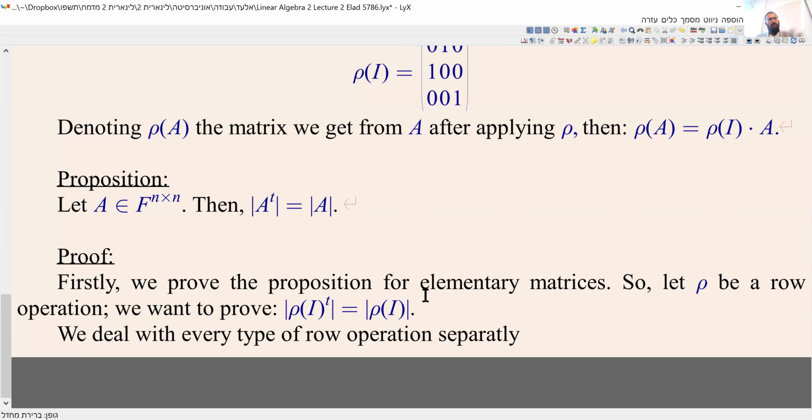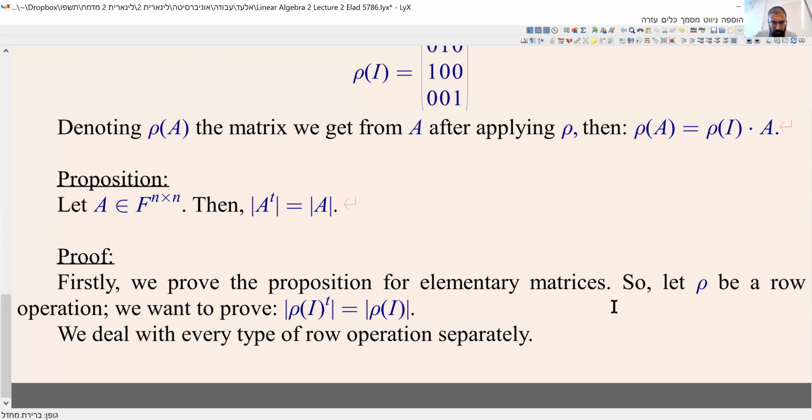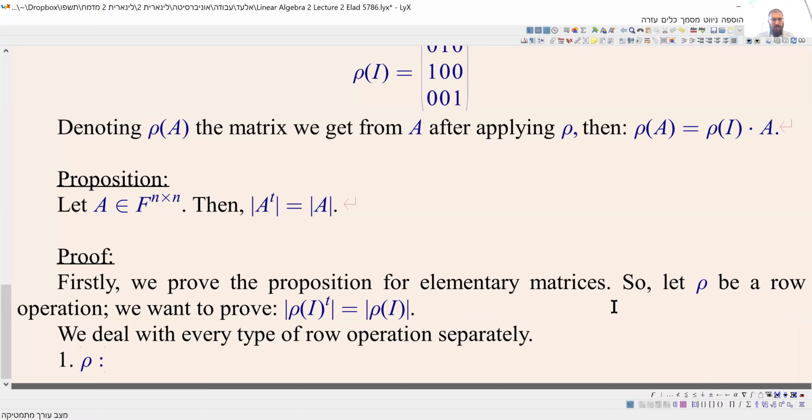Too many A's, it should be E somewhere. Separately, or it's good. Let's write 1, 2, 3. One, we have row is switching rows.